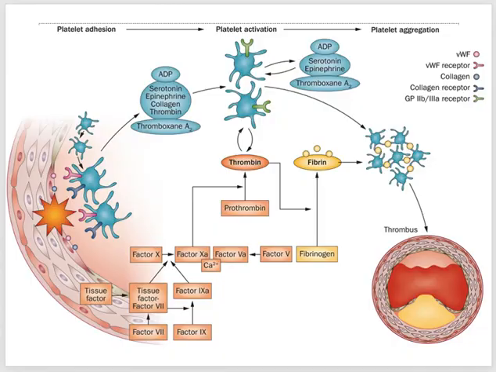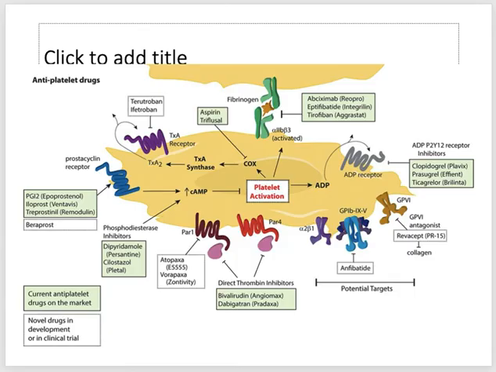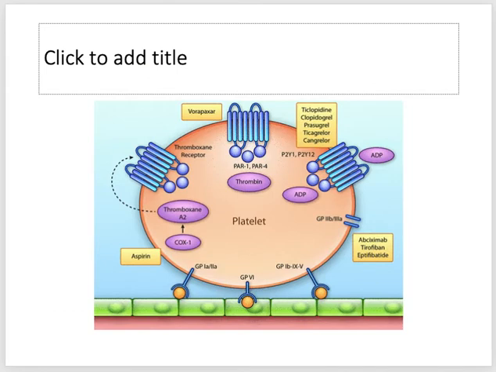Or simply what I'm saying is, see, over here, where is the receptor? It is glycoprotein 2b3a, written in a different form. Maybe here they have written glycoprotein 1b and 2b3a.